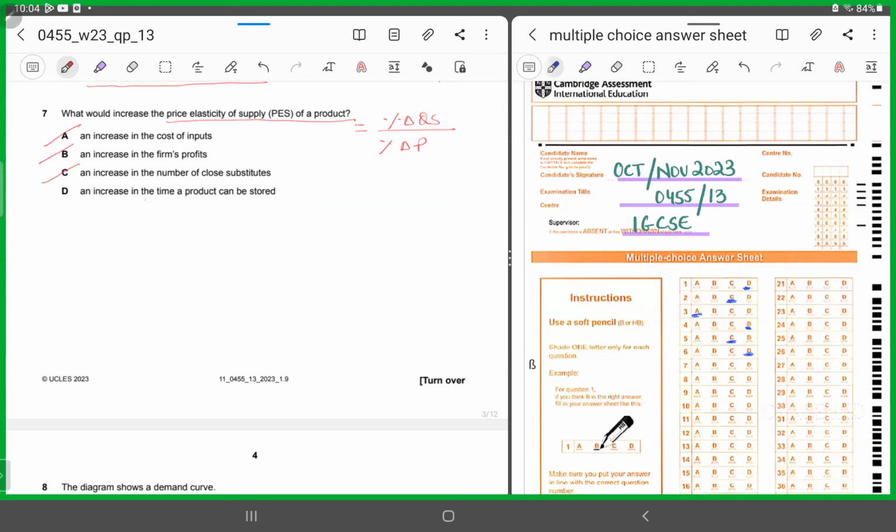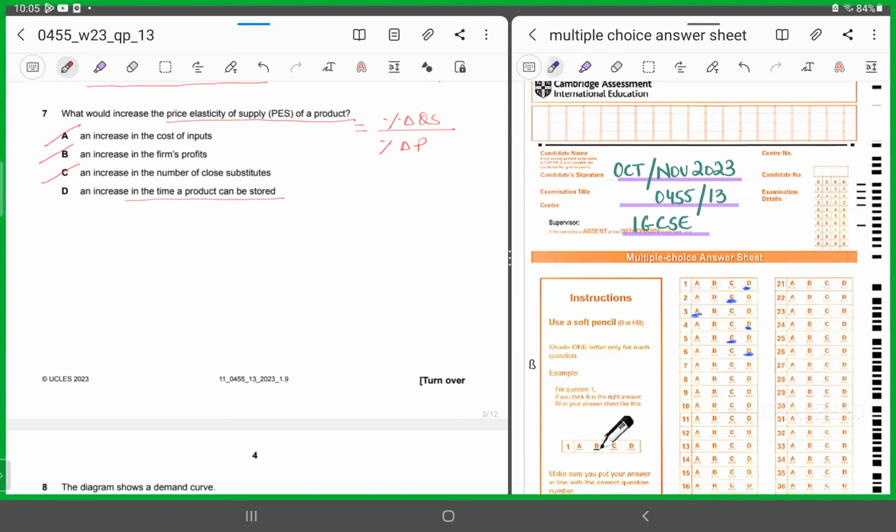D says an increase in the time a product can be stored. Exactly, that's what I mentioned. Remember, for a longer duration, it's possible for you to store your product, the more easily you can respond to changes in price.